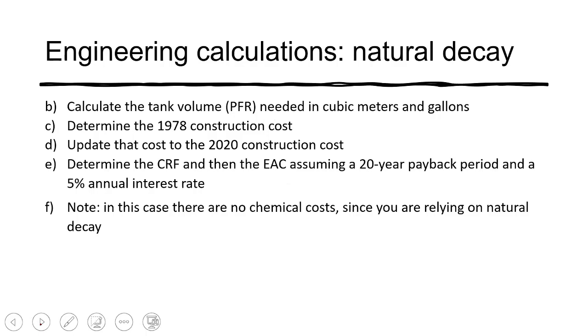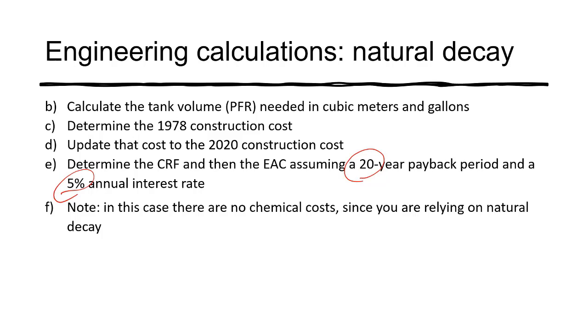And then what you'll do is you'll calculate the tank volume, as I mentioned. You'll determine the 1978 construction costs, update that to the 2020 costs. You'll determine the CRF and the ECA, and sorry, use a 20-year payback period, use 5%.